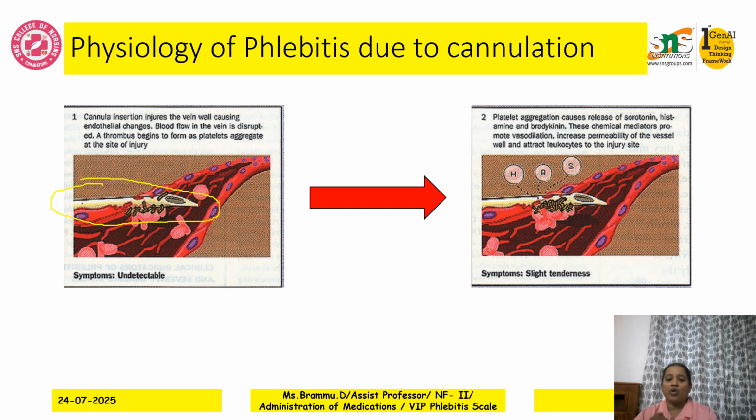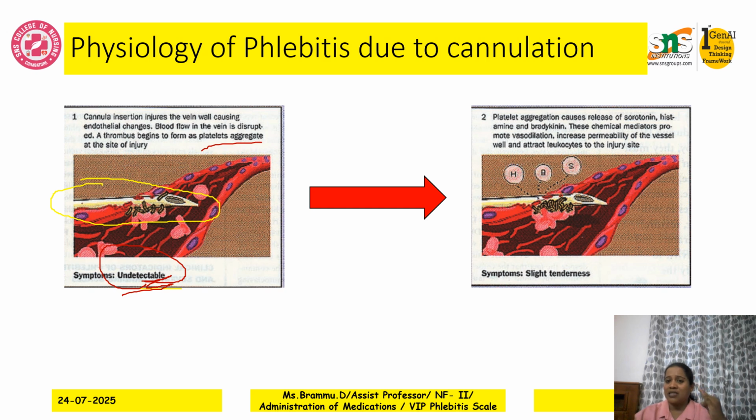In this first stage we cannot detect whether the patient has phlebitis or not. It is always undetectable, but the changes are happening: the thrombus is aggregating by platelet aggregation at the site of injury. That's the first point to keep in mind.